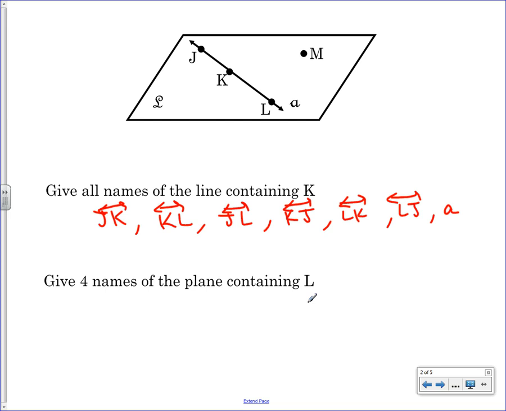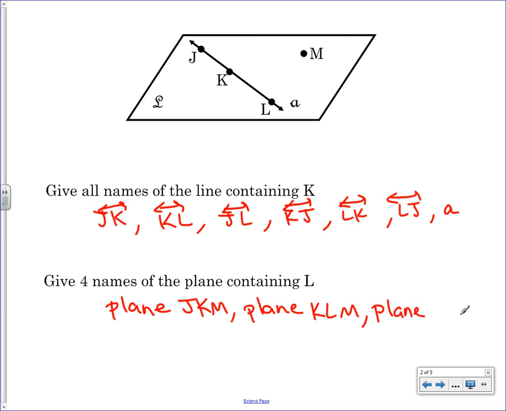Okay? So I can call it plane JKM. Do you guys see what that is showing you? It's non-collinear. So let's say plane JKM is fine. So what else would be fine? Any 3 non-collinear points? Say it again. KLM would be fine. Plane, what else?